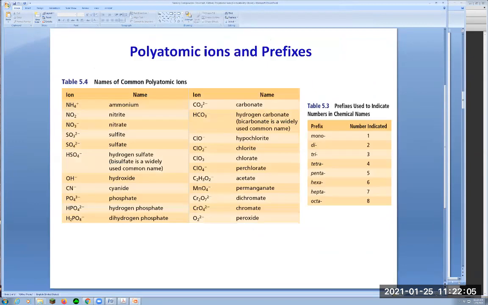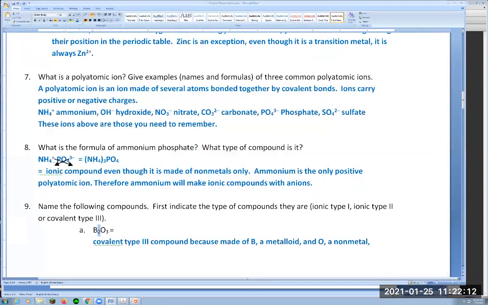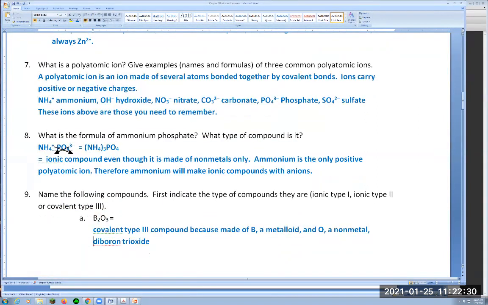If you don't know the prefixes, 2 is di, and then 3 is tri. So we need di, boron, and then tri for 3 oxygen, and oxygen becomes oxide. So it's going to be diboron trioxide. Diboron trioxide.